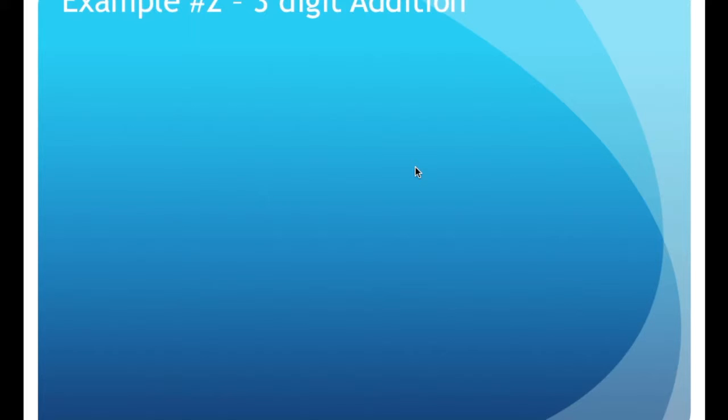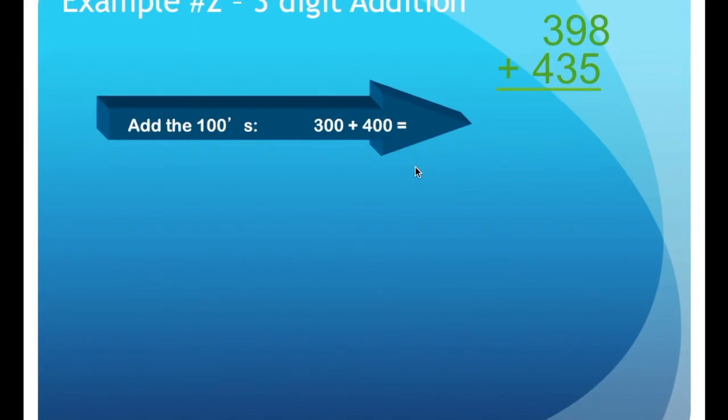Example number 2, 3-digit addition. So if I have 398 plus 435, what would I do? I'll give you a chance to try it yourself. That should be enough time. So first, we add the hundreds. 300 plus 400 equals 700.